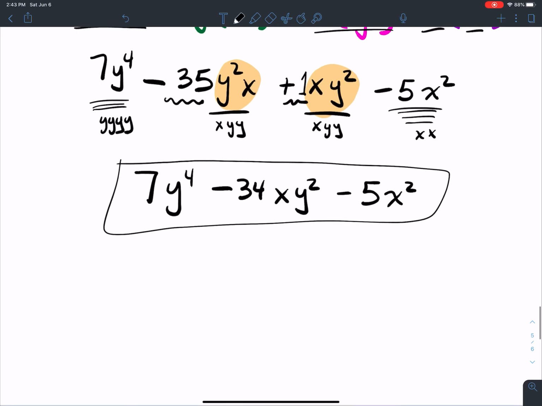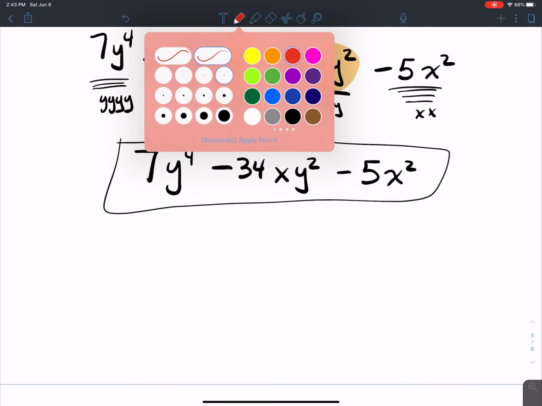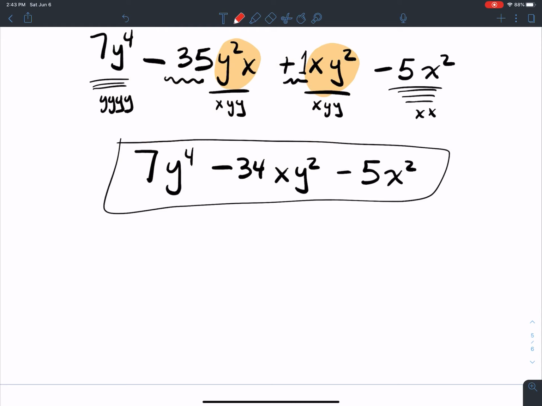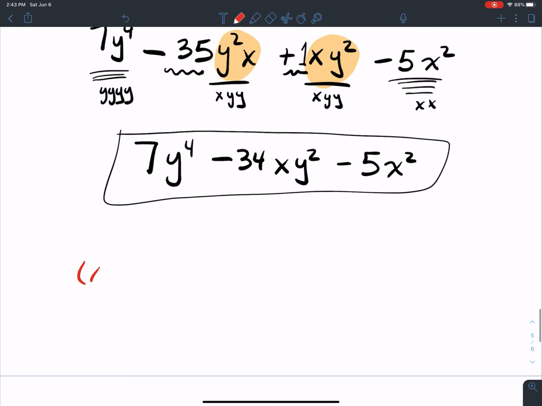Now, you're probably not going to run into this, but I want to go ahead and just show it to you just in case you did run into it. So say you had like x plus 2 times, so a binomial times some trinomial, like x cubed minus 5y plus 1. Okay?